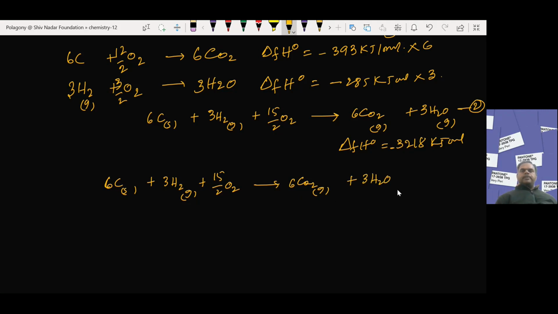The standard enthalpy of formation is minus 3268 kilojoules per mole. And this is equation number 2. What does equation number 1 say?